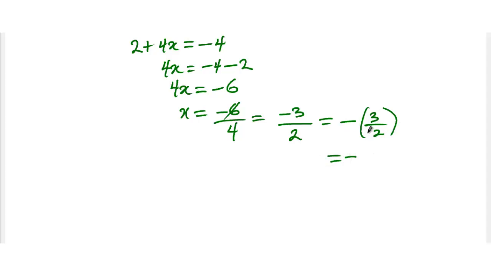How many 2 can we see in 3? That is 1, remainder something over 2. So 2 times 1, 2 plus 1, 3. That is one whole number 1 over 2. So we can bring the minus back. So the final solution to this problem is minus one whole number 1 over 2.